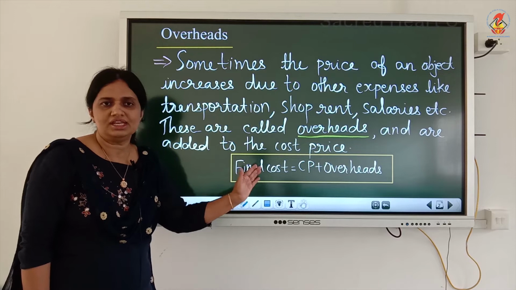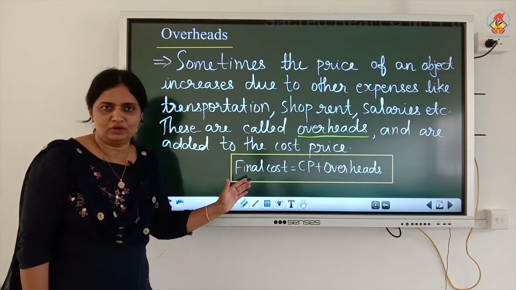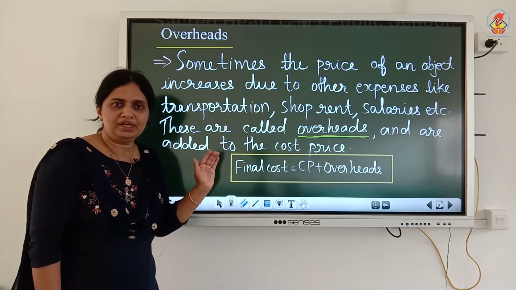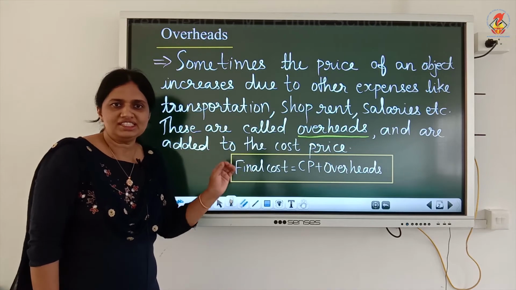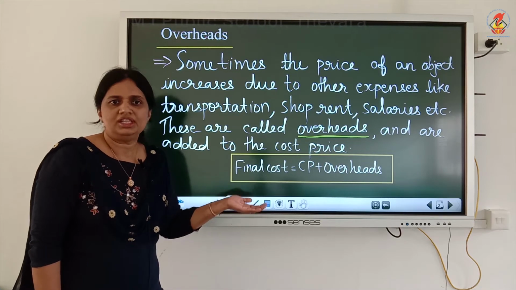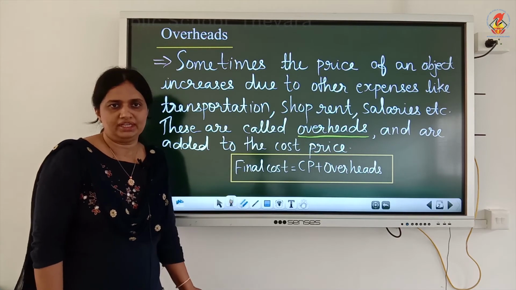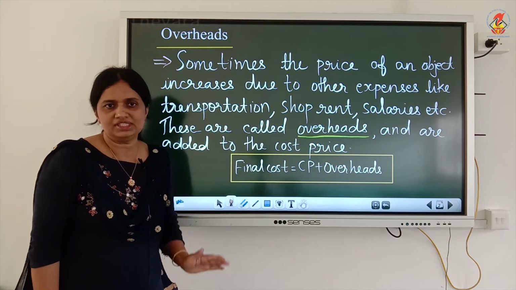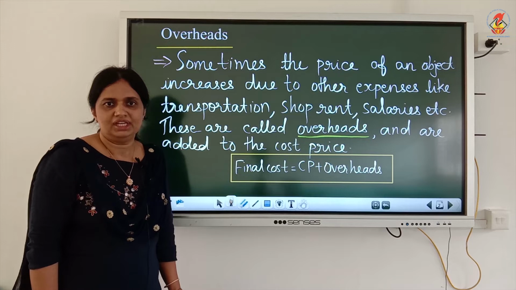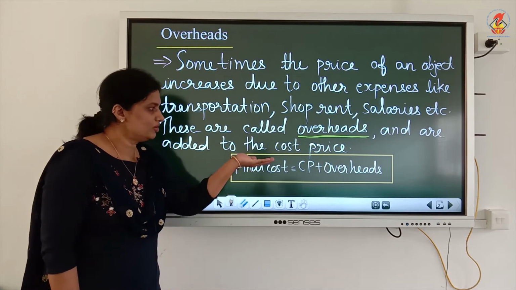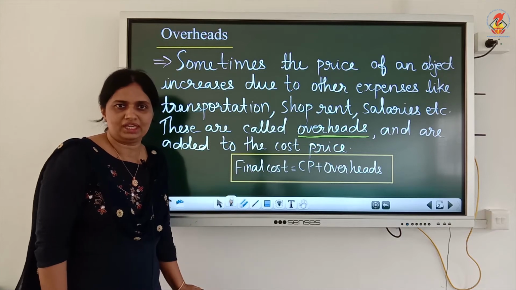And sometimes the shopkeeper needs to pay electricity charges for his shop. That is also his overhead. And he needs to give salary to the salesperson. That is also his overhead. All these costs are overheads only.